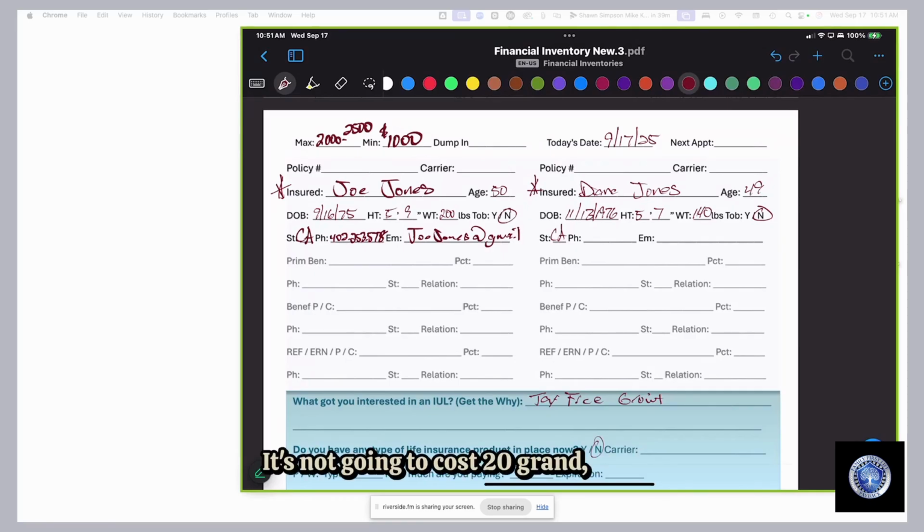It's not going to cost 20 grand, right? So out of that money, if you were to dump in a little bit of it, or 50% or 75%, or possibly the whole thing, whatever you'd want, how much of that would you want to dump in the first year just to kickstart it and get it going? Because you could borrow that back out if you need to. Well, I'd probably want to put in 5 grand. Okay.